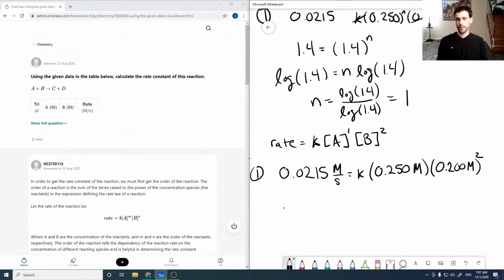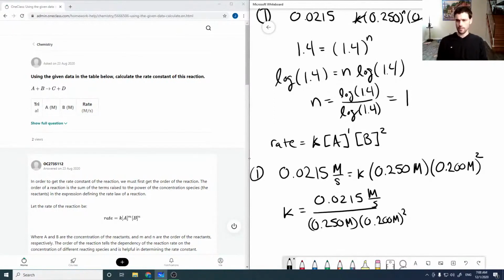Rearranging for our K, it's 0.0215 molar per second over 0.250 molar, 0.200 molar squared.